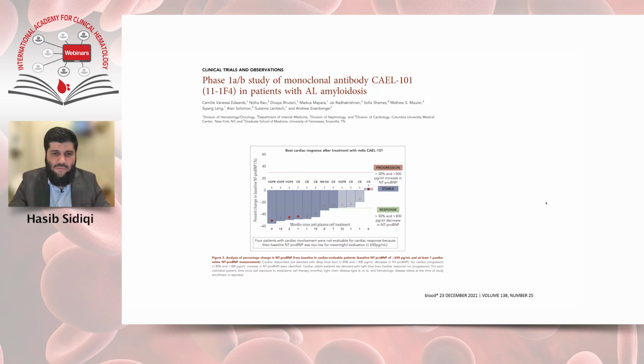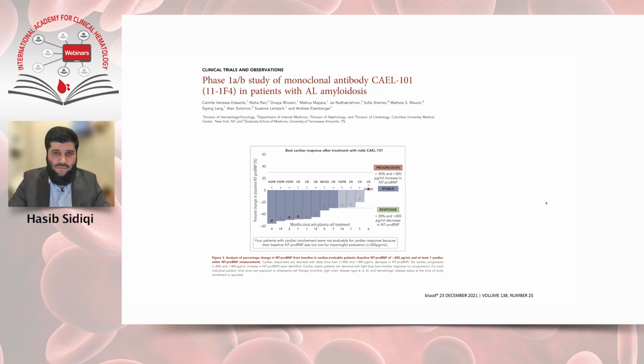As you can see from this image, looking at the percentage change in baseline NT-proBNP, a significant proportion of patients treated on this phase 1 study showed a significant improvement in the NT-proBNP.